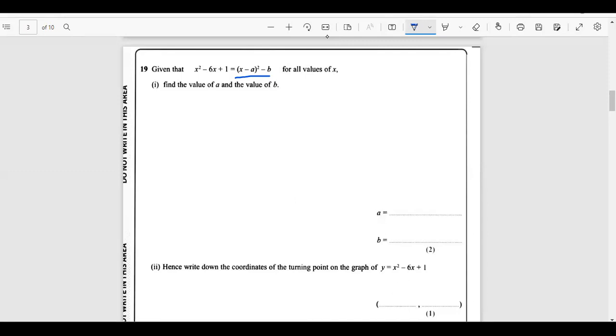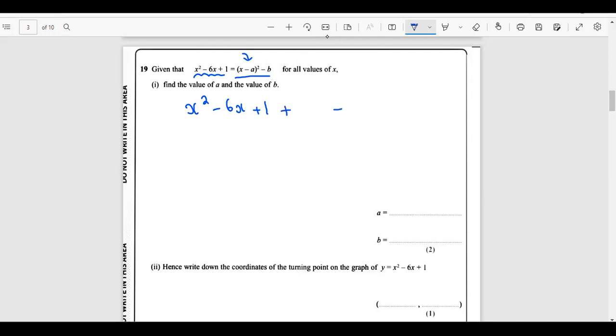Now it's very simple. We need to make sure that this thing looks like this. Once we have something of this type, we need to talk about the value of a and b. So initially we have x squared minus 6x plus 1. Now I am going to add and subtract.